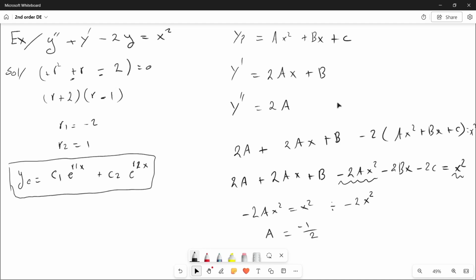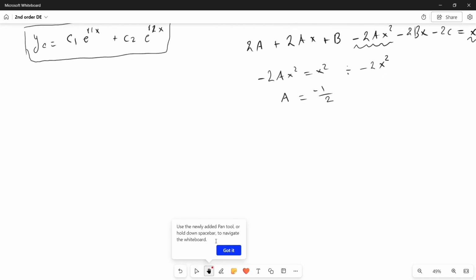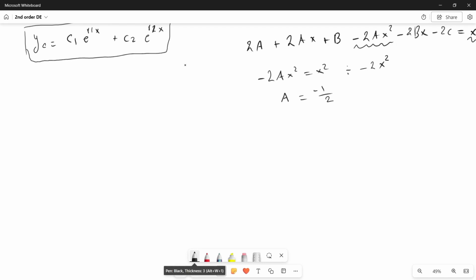Since we have a known, we can calculate the others. We have the terms 2ax and negative 2bx. So we have 2ax minus 2bx is equal to 0, and we divide by 2x.